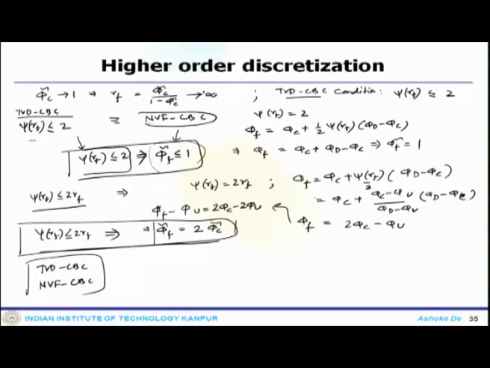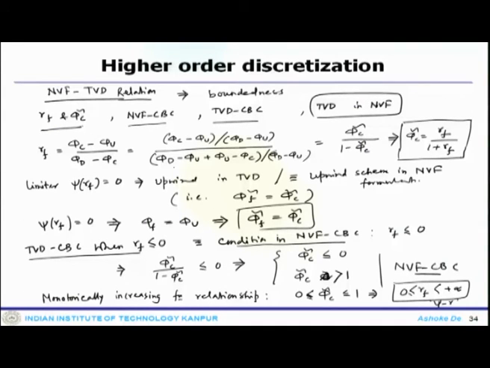The equivalent condition in NVF CBC is phi f tilde less than 1, and previously we got RF less than or equal to 0.